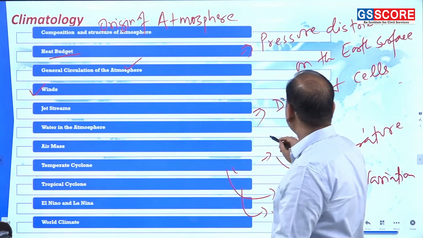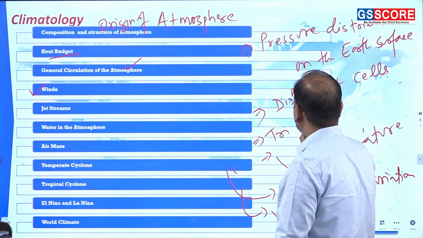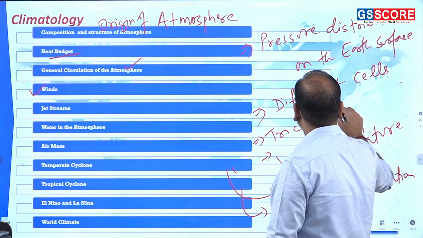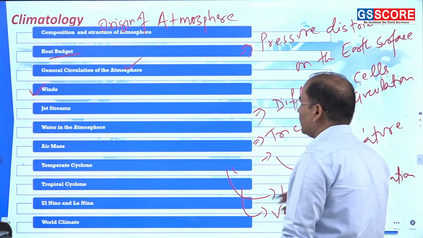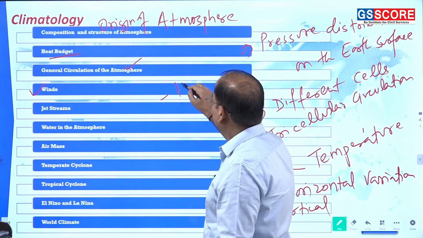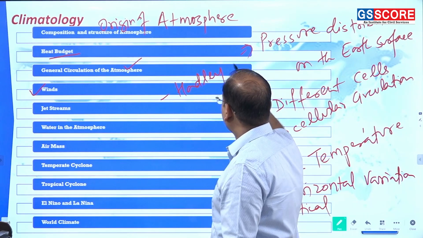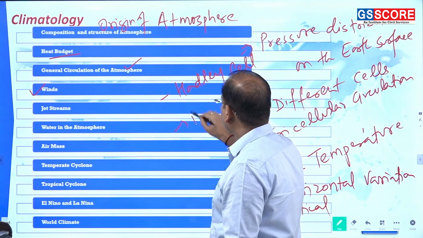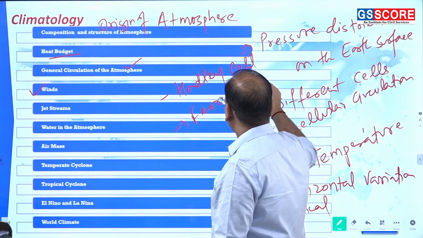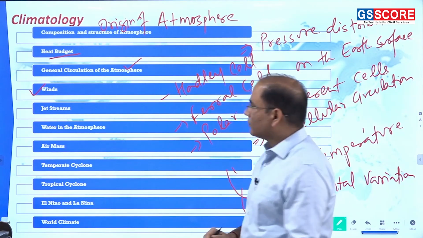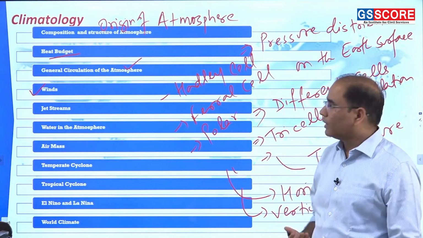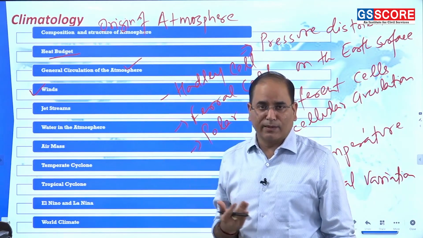So, tricellular circulation is to be studied, and in this you are supposed to know the different cells, that is Hadley cell, Ferrel cell, also polar cell. So, these are the topics that you are supposed to study under the general circulation of the atmosphere.